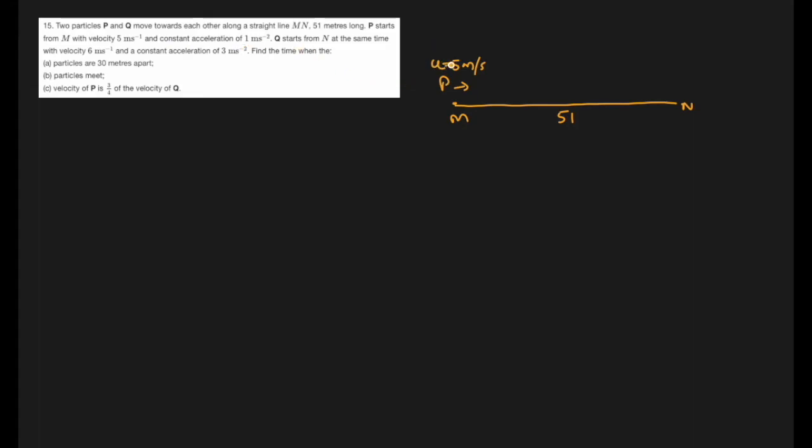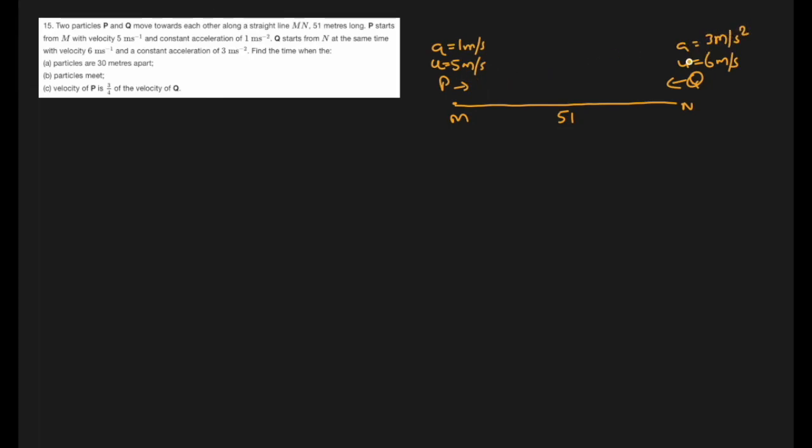So u is 5 and acceleration is 1. Q starts from N at the same time with velocity 6 meters per second and constant acceleration a equal to 3 meters per second square.